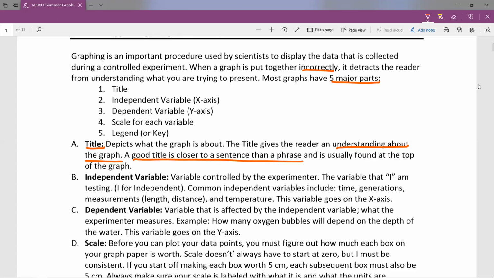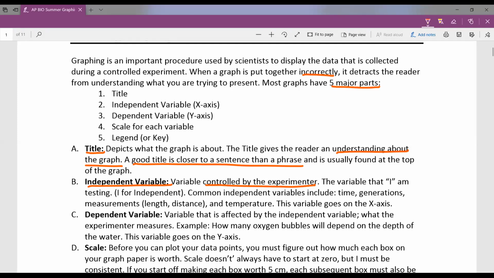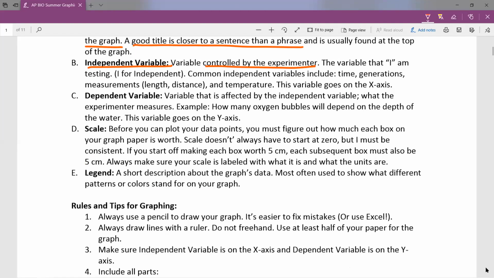So we've got our title, we've got our independent variable, which is controlled by the experimenter. Independent does not mean that it is not dependent on anything. It's dependent on what the experimenter wants.